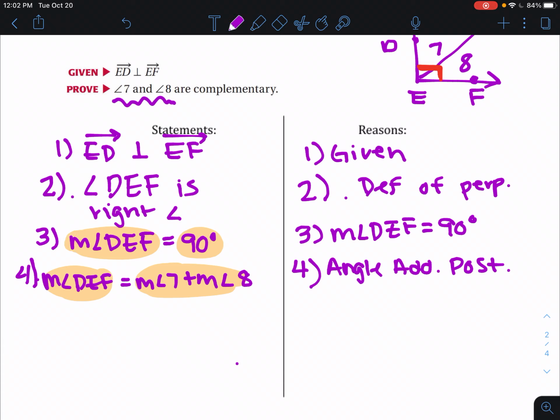I have the measure of angle DEF is 90, and the measure of angle DEF is also the measure of angle 7 plus the measure of angle 8. So we could say that the measure of angle 7 plus the measure of angle 8, instead of saying DEF, we can say it's 90 degrees. We can call that substitution.